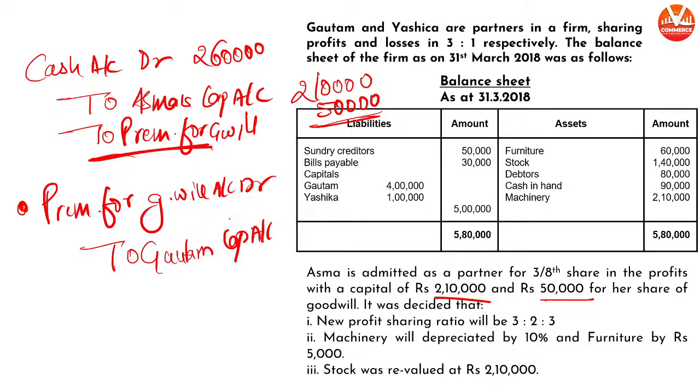The whole of the goodwill, the total 50,000, will be credited to Gautam's capital account because only he is making a sacrifice. Yashika, the other partner, is not sacrificing anything, so she will not get any share in the goodwill because goodwill is only credited to the sacrificing partner. So this will be the journal entry for goodwill.